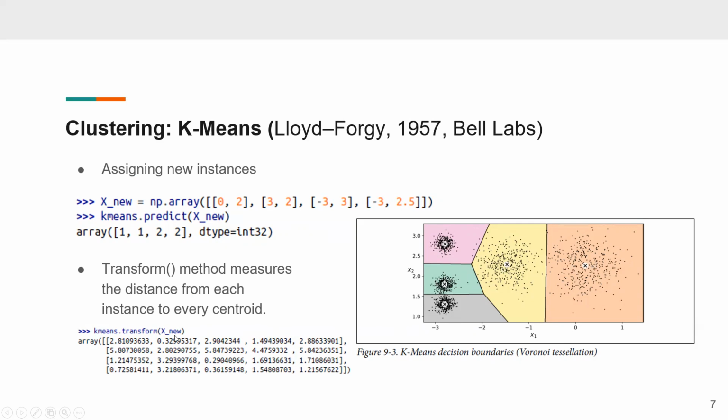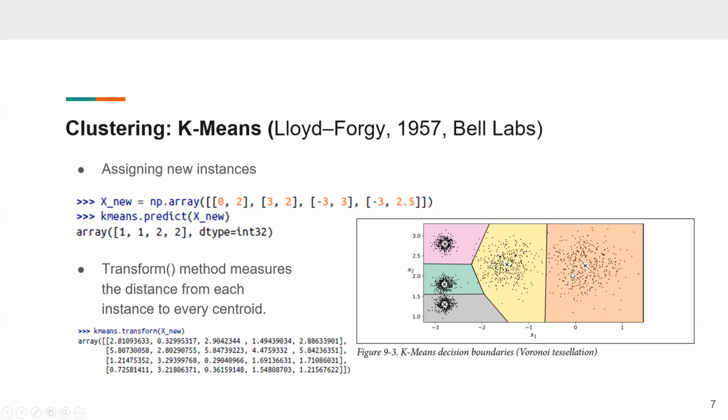And then it's 0.32 to the second cluster, index 1, which is right here. So that point is 0, 2, this point, right here, and the distance is 0.3. And the first distance being 2.81, and the next distance is to here, it's 2.9. So on and so forth.